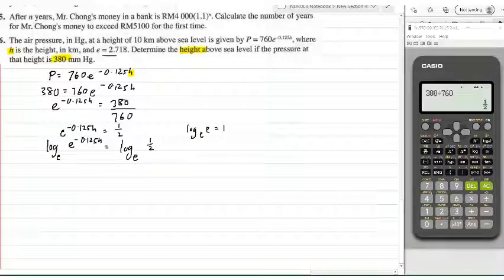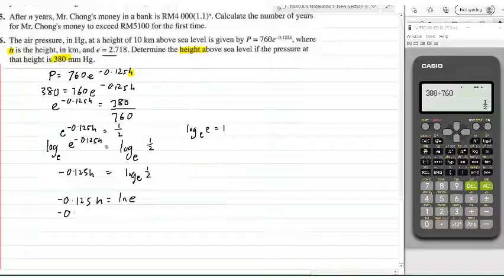So here the power comes in front, negative 0.125 h. Log e of e is equal to 1, equal to log e of 1 over 2. Negative 0.125 h is equal to log e of 1 over 2.